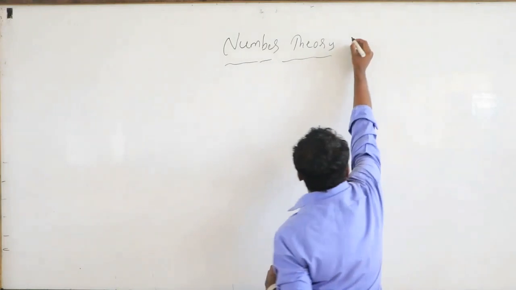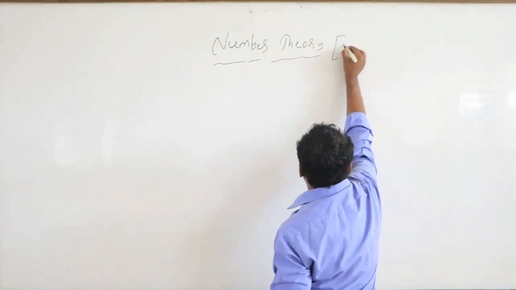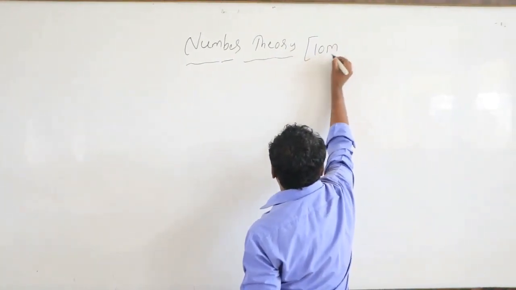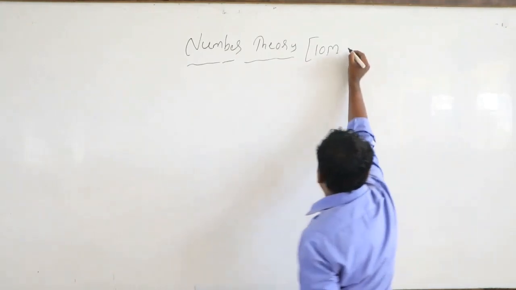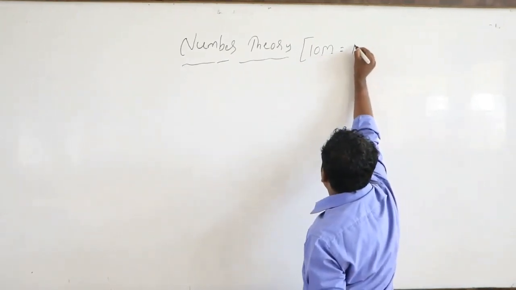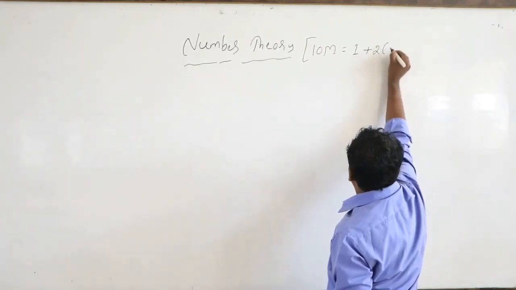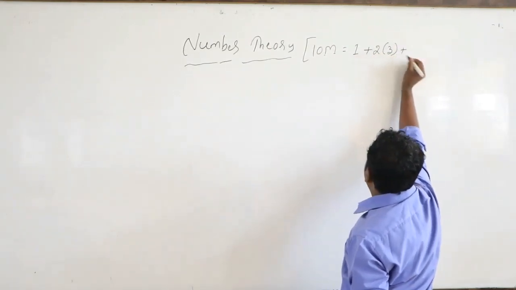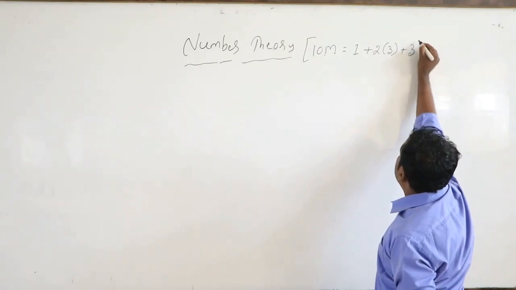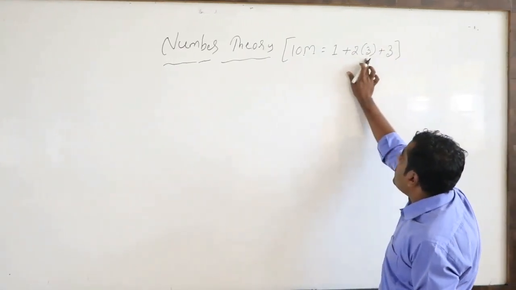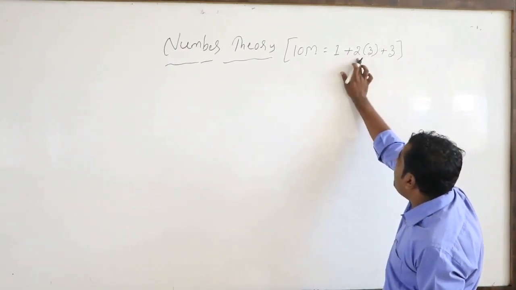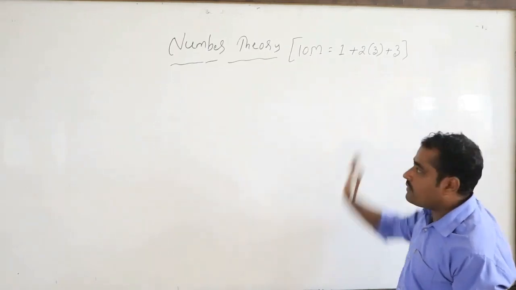Okay, now I have to start the first chapter, number theory. In this chapter, for the annual examination, we'll get 10 marks weightage. Here, 1 mark 1 question, 2 marks 3 questions, and 3 marks 1 question: 1, 2 into 3 is 6, 1 plus 6 is 7, 7 plus 3, total 10 marks.